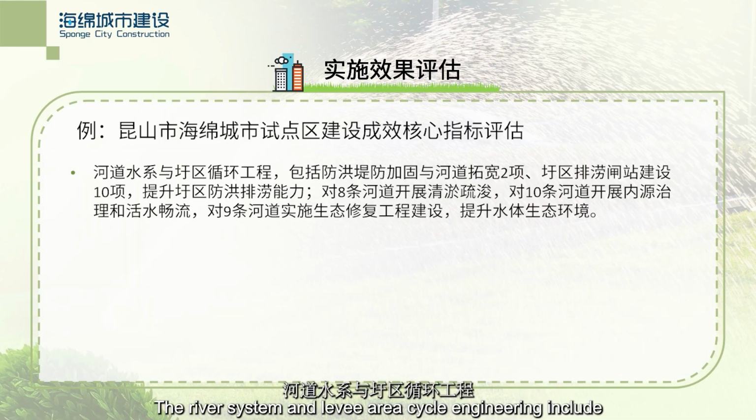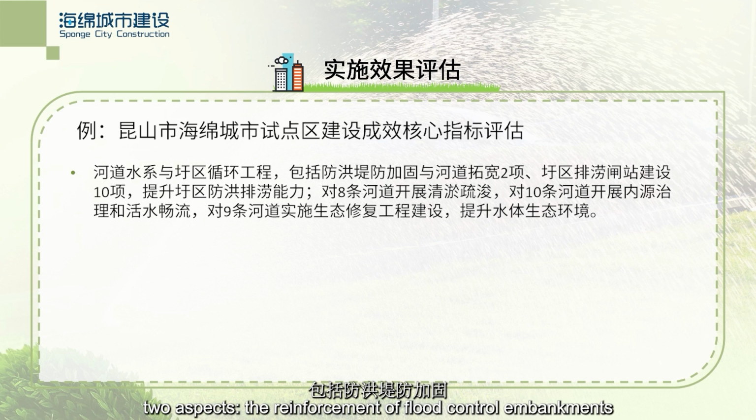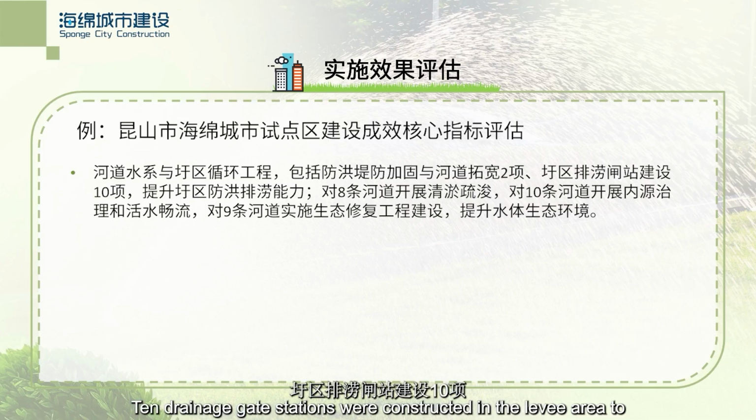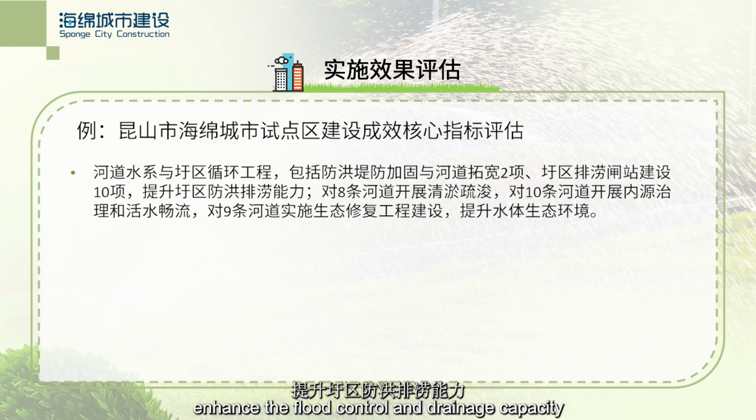The river system and levee area cycle engineering include two aspects: the reinforcement of flood control embankments and the widening of river channels. 10 drainage gate stations were constructed in the levee area to enhance the flood control and drainage capacity.